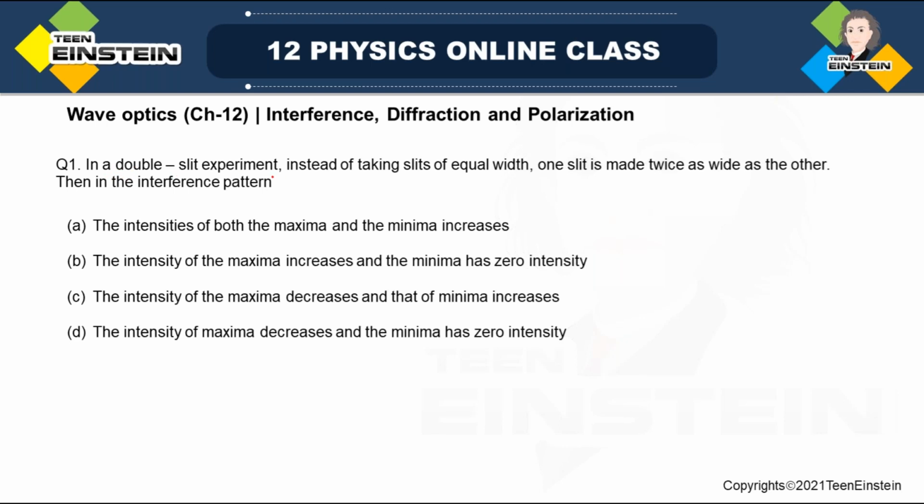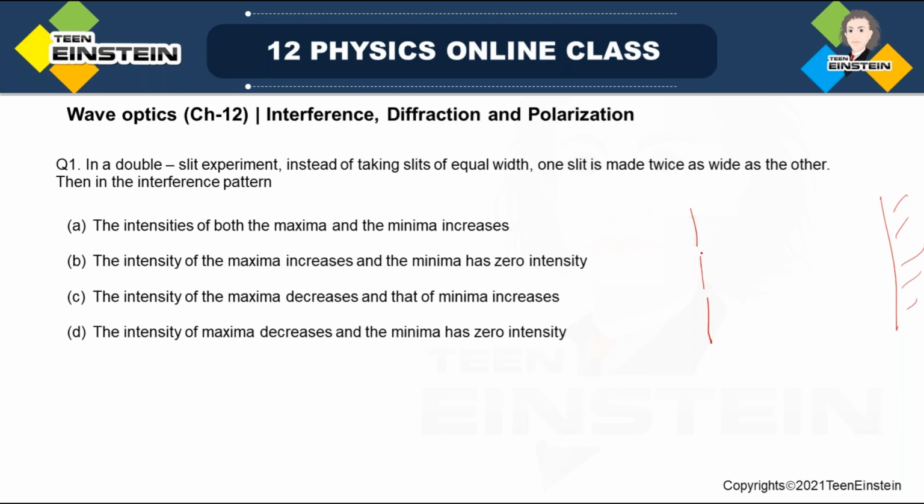So in a double slit experiment, instead of taking slits of equal width, this is actually talking about Young's double slit experiment. You know that. You have two slits of equal width in general. You have a screen over here, and light goes through and interferes on this screen.